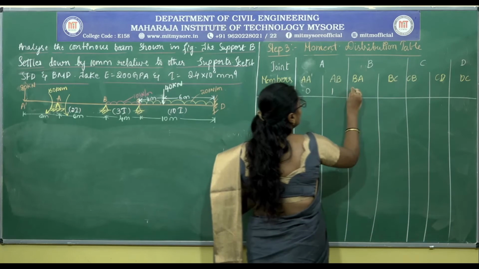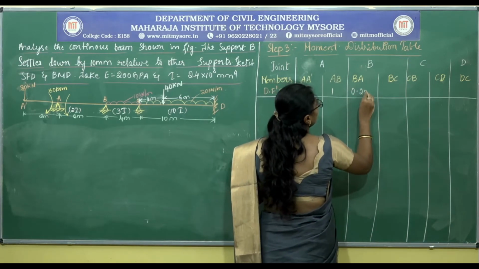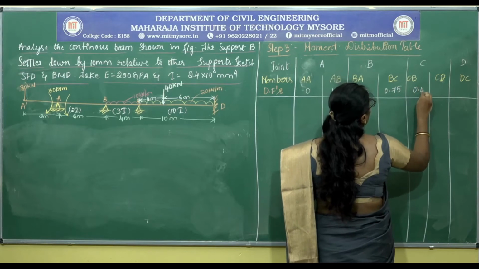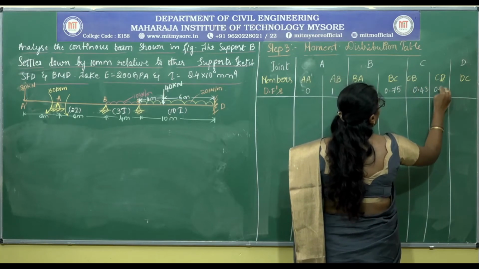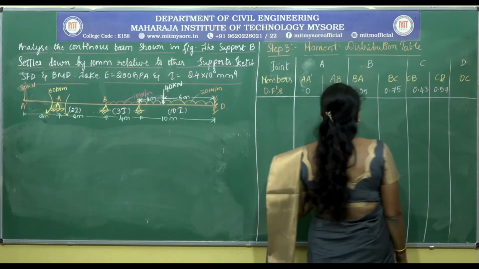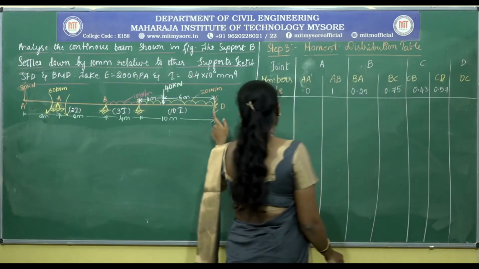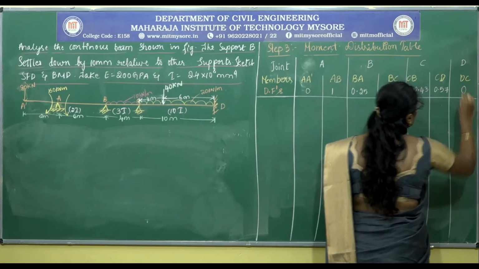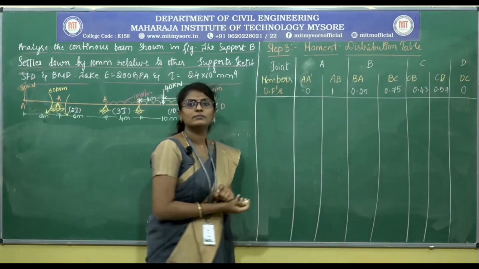0, 1, 0.25, 0.75, 0.43, 0.57, and finally the distribution factor for the fixed support is 0. Okay.